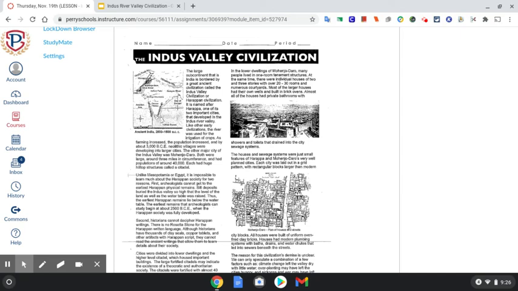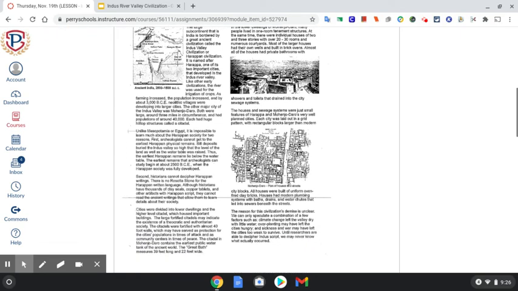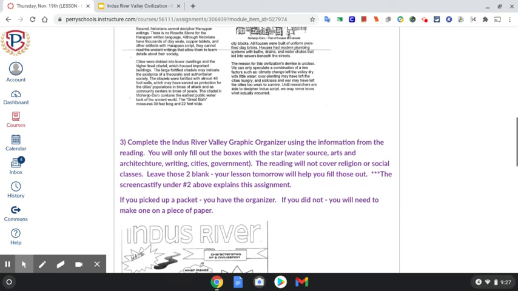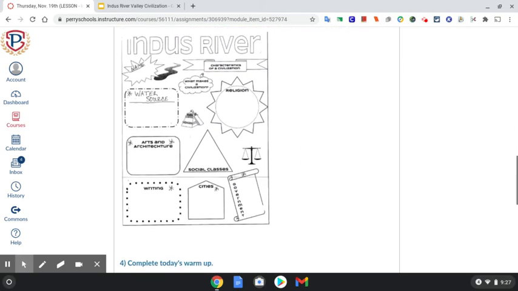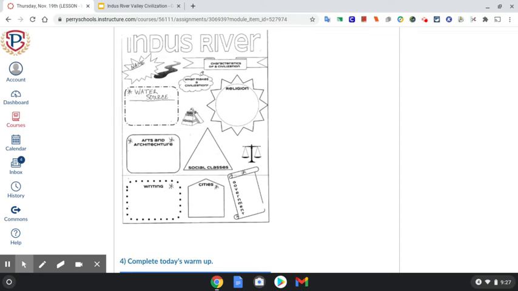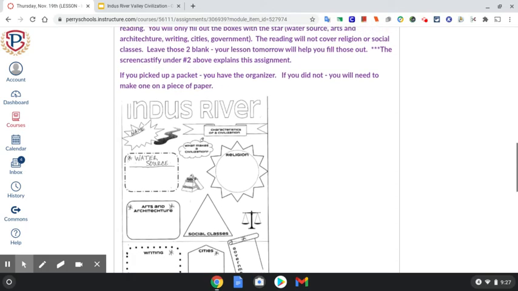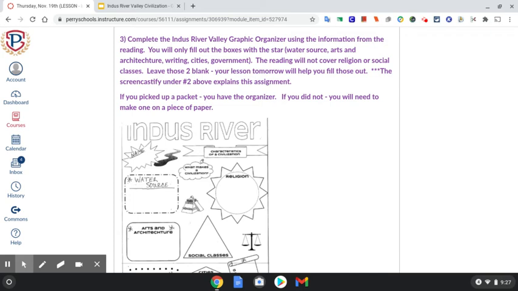So the Indus Valley Civilization, you are going to read this handout, and either while you're reading it or after you're reading it, you will then complete this graphic organizer. If you have the handout, it is in that handout for you. When you're completing the graphic organizer, the big thing, and it even mentions that in the directions, is you're only going to fill in the boxes that have a star.